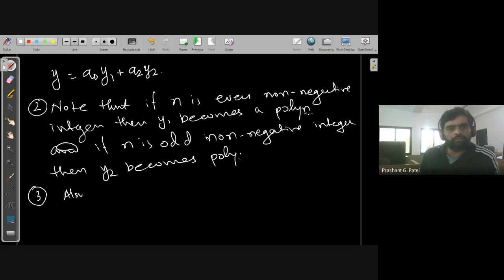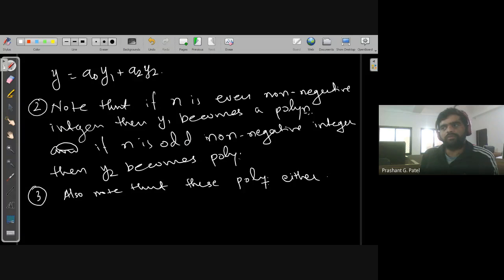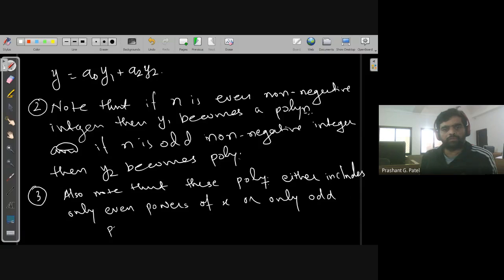Also note that this polynomial either includes only even powers of x or only odd powers of x. Okay.